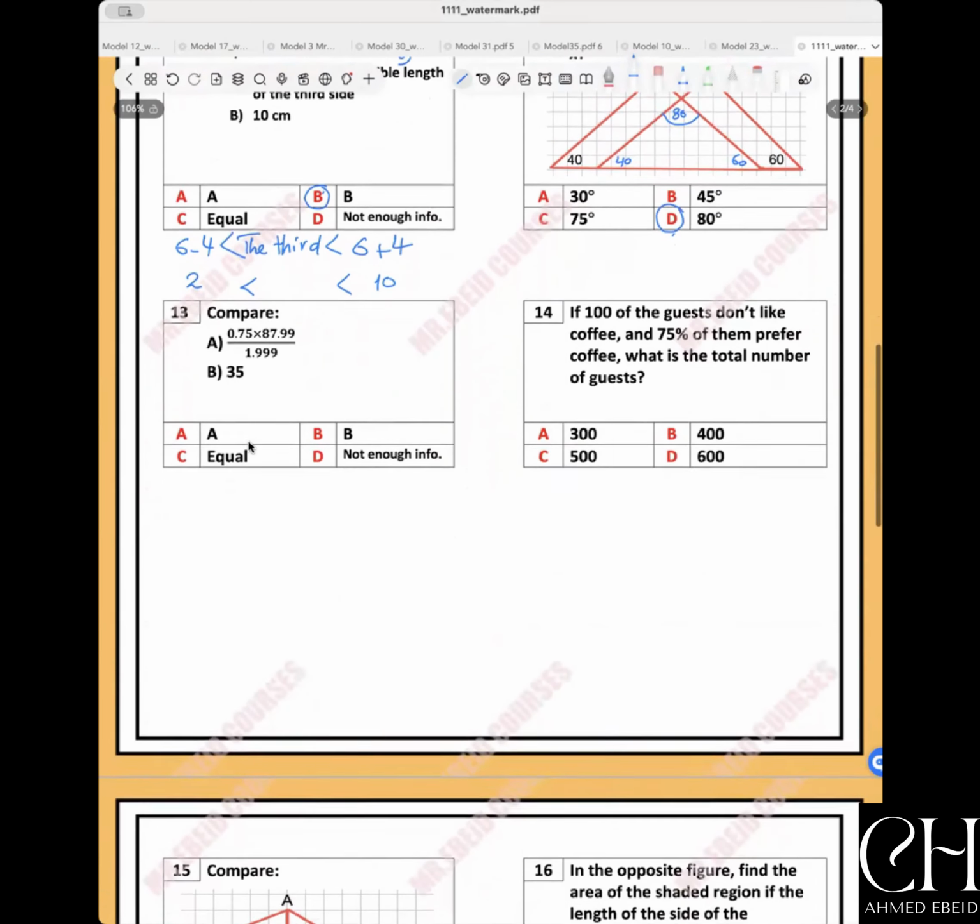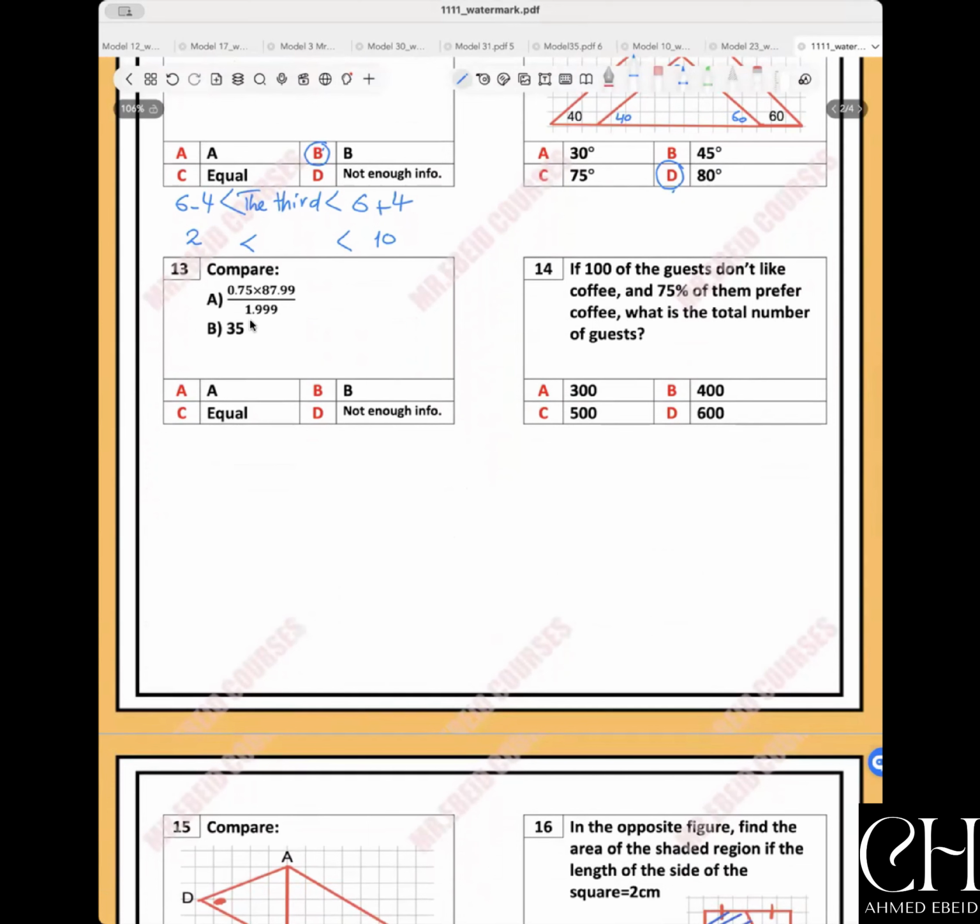Question 30. Compare A, which is 0.75 times 87.99 over 1.999, and B, which is 35. So for A, you have 0.75, which is 3/4, times 87.99, which you can round to 88.